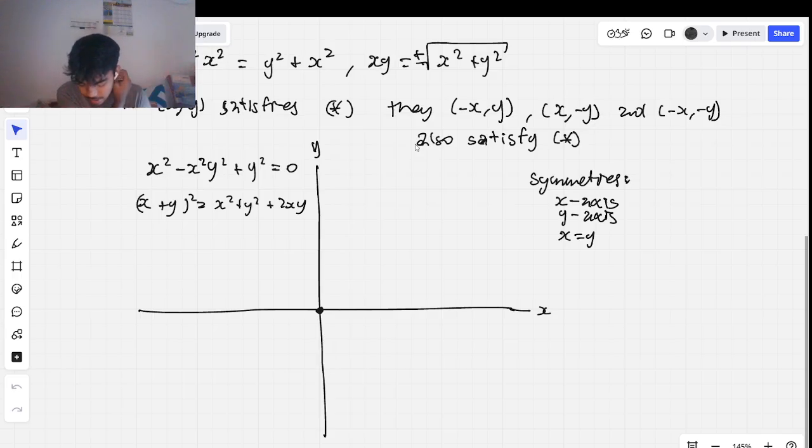So this is the same as x squared plus y squared minus 2xy, minus x squared y squared, which is the same as 2 minus xy.